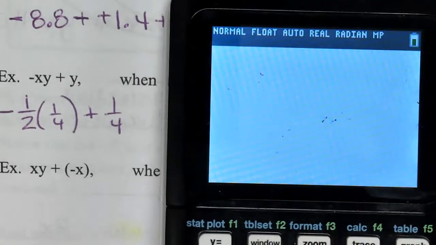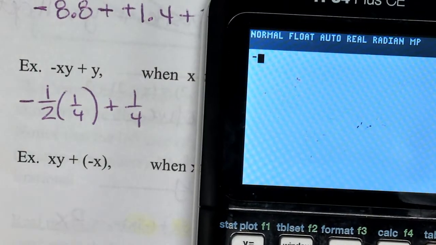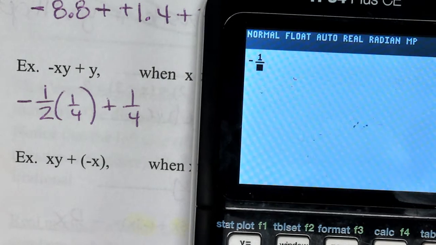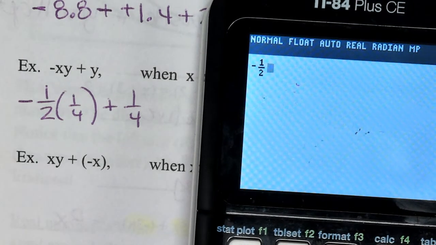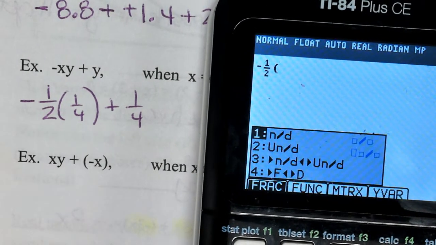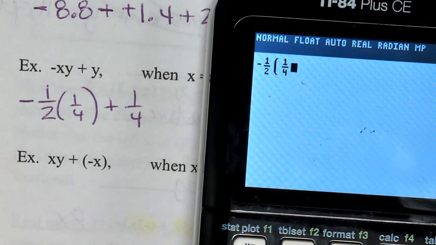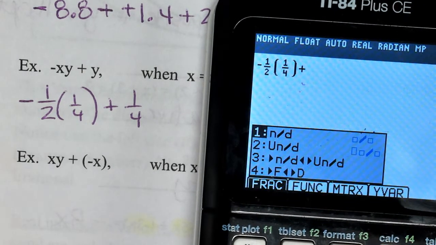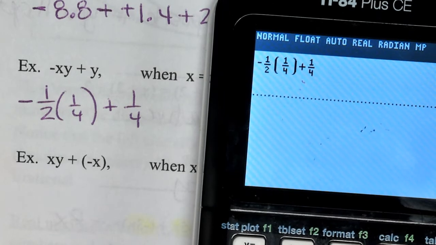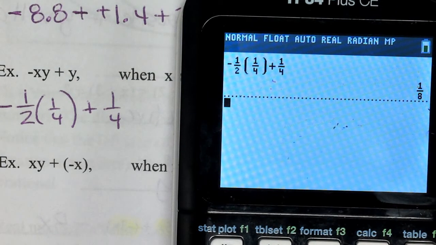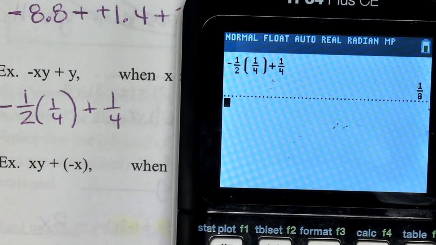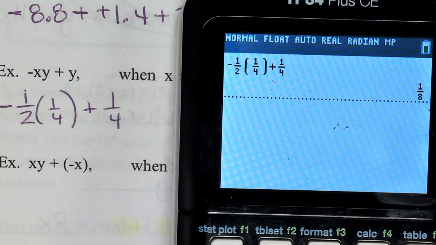If you have it, you can put your negative first. Then alpha y equals option 1. Tab out. Alpha y equals.